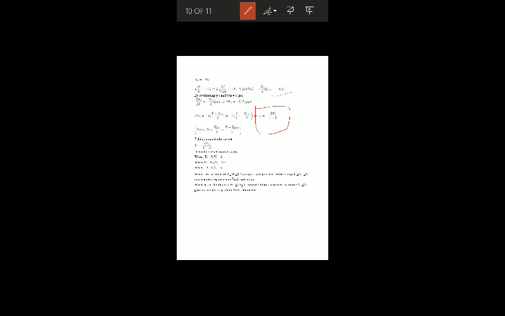Now suppose d can be varied from 0 to 1. When d is 0, V naught is 0; when d is 0.5, V naught is Vs; and when d is 1, V naught will be infinity.